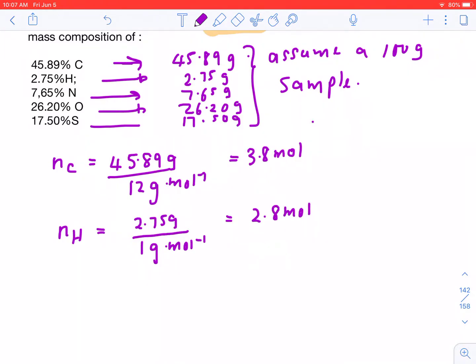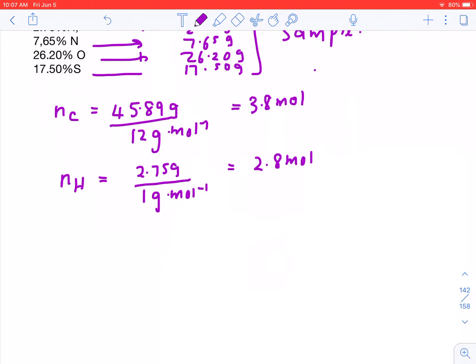Could have left it as that, right? And then N is equal to 7.65 grams, all upon, we know nitrogen is 14 grams per mole, and that gives us 0.55 moles.